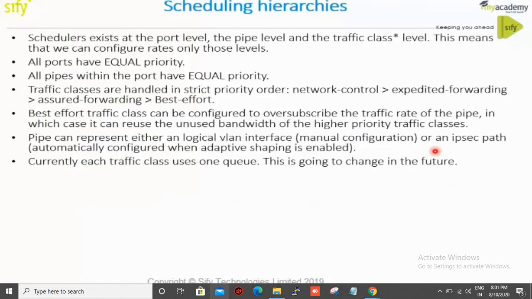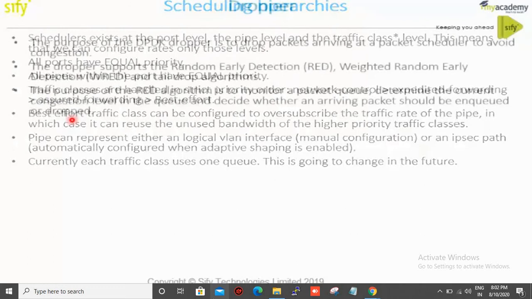And within the port, all the queues will be serviced from top to bottom in strict priority order, that is NC, EF, AF, and best effort. Now, best effort can be used for any oversubscribing traffic as well, like how we do it in our MPLS, where exceeding traffic can be put into best effort. As we discussed, a pipe is nothing but a VLAN interface.